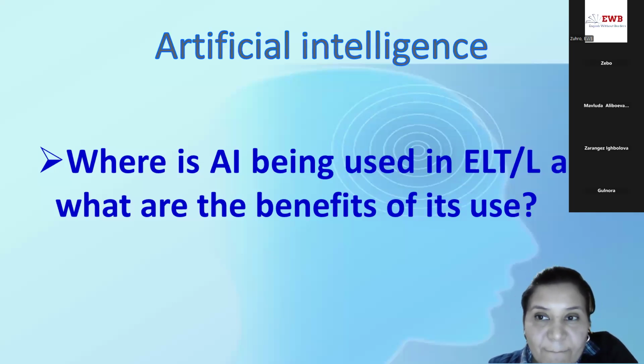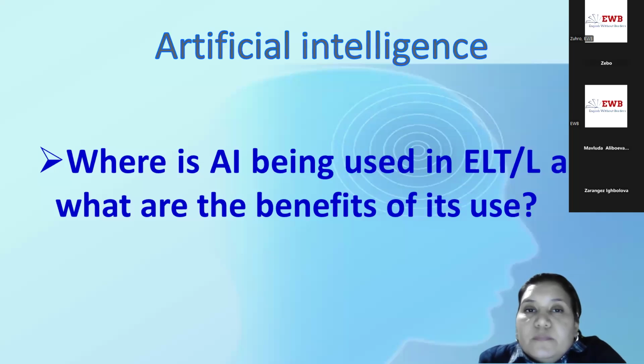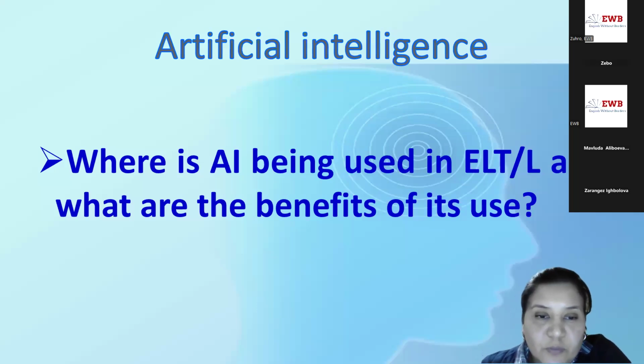I use Kahoot a lot, and ChatGPT is also ready to write different kinds of questions for me. With the help of ChatGPT, I make tasks and tests. I use it a lot during my lessons with my students. Okay, thank you very much.